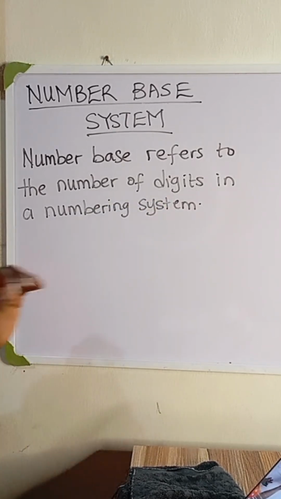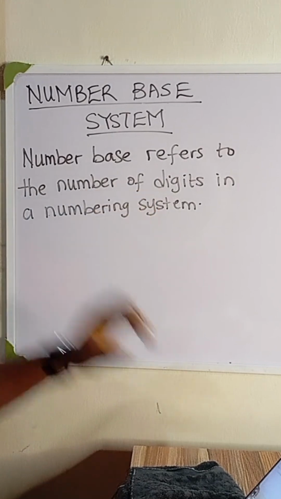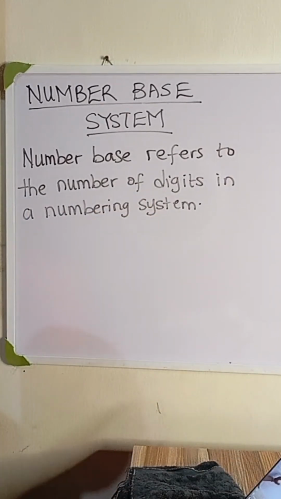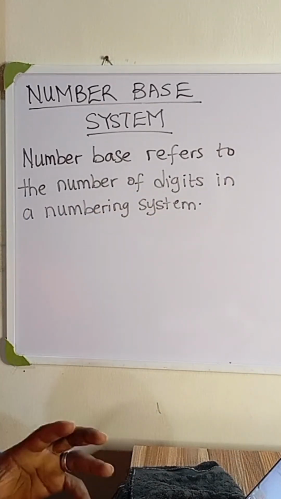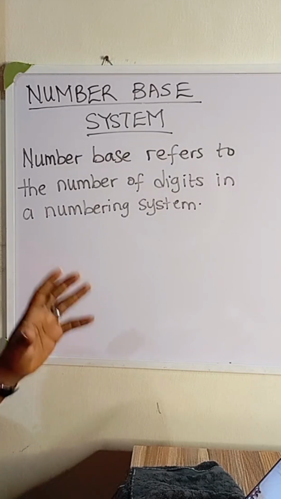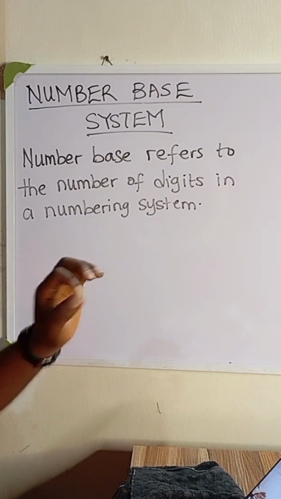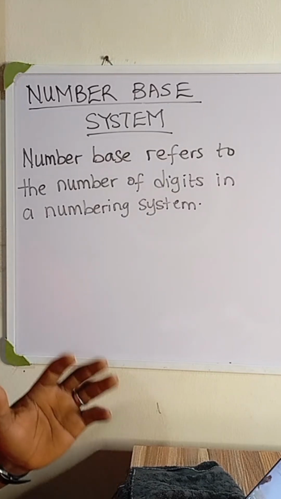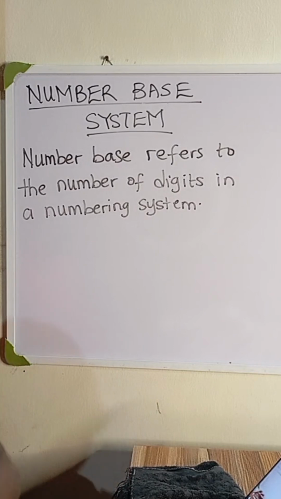Number base refers to the number of digits in a numbering system. Now we're going to look at the types of number bases.